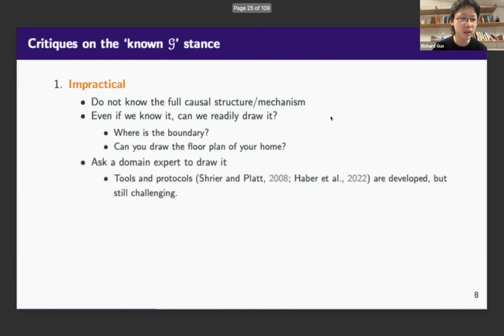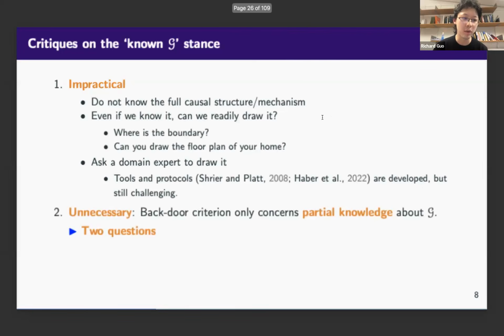Also, frequently it's not the statisticians who are supposed to draw the graph. We more or less rely on the domain knowledge of domain experts to draw the graph. There are tools and protocols that formalize or aid the process of drawing the DAG model, but I think many people still find this practice quite challenging. So this is the first aspect of critique, namely, it is not entirely practical.